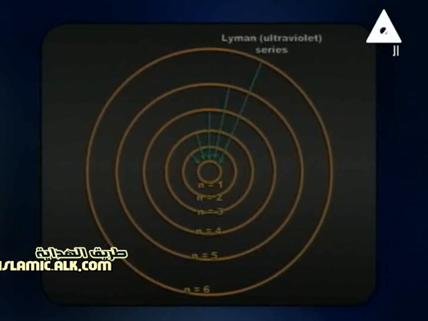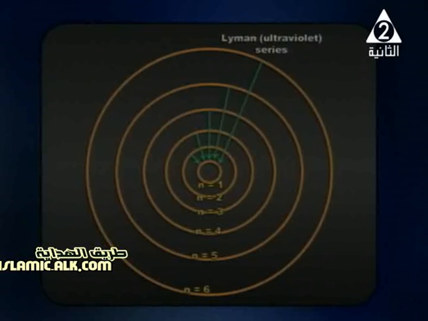When the excited electron falls from higher energy levels to the innermost energy level, denoted by n equals 1, what happens? We've got a series. We call it the Lyman series, and it is in the ultraviolet region.